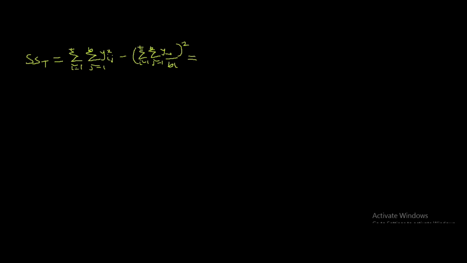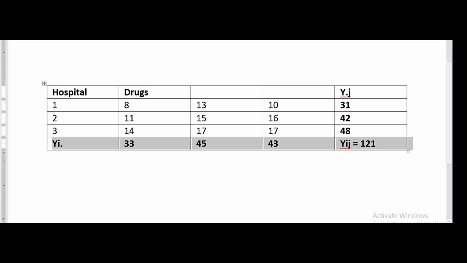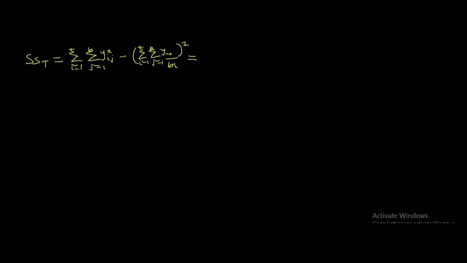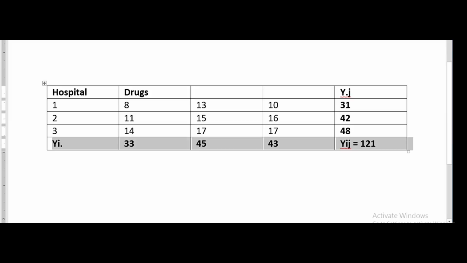So when we look at our table now, the first value to get here is our y ij squared. To get that, what you have to do on the table is 8 squared plus 13 squared plus 10 squared plus 11 squared plus 15 squared plus 16 squared plus 14 squared plus 17 squared plus 17 squared.